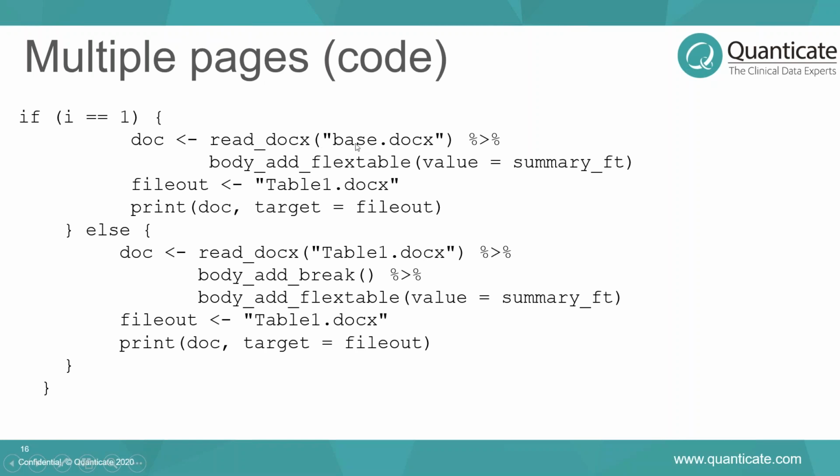So open the connection to an empty document, add the title, add this summary, where this object has been created only selecting rows where page equals 1 in the source data set, and then print it out. Otherwise, if page is not 1, so from 2 onwards, open the document which we created when we printed page 1, add the page break, and then add the flex table object.